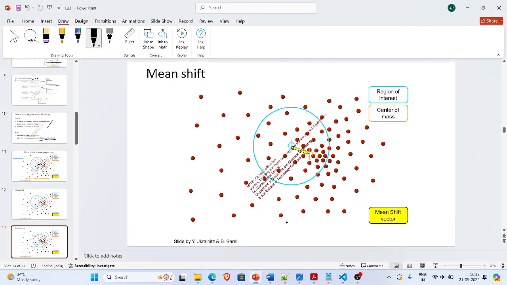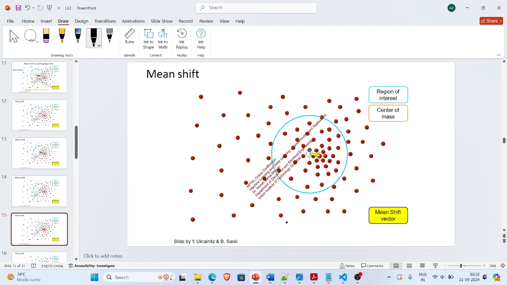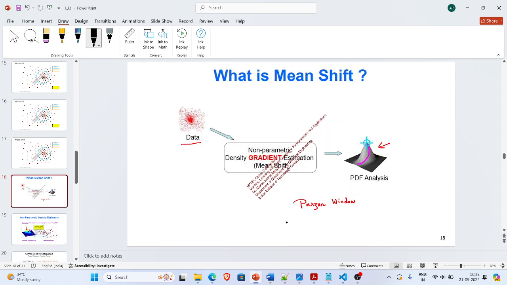So we're moving the center of the circle towards the center of mass at every step, as you can see. What it results in is the center of the circle shifting to the mode of the probability density function.